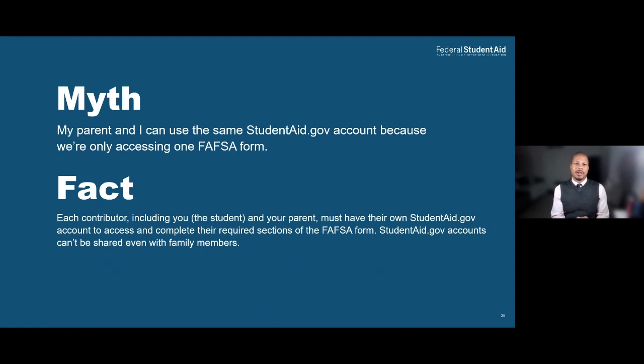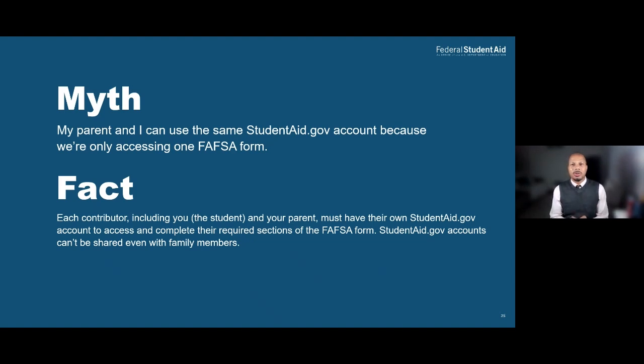Another myth that we receive: my parents and I can use the same studentaid.gov account because we're only accessing one FAFSA form. Now, this was a trick question, right? Each individual is responsible for having their own studentaid.gov account, although they are accessing one FAFSA form.